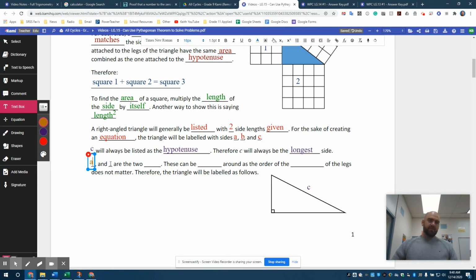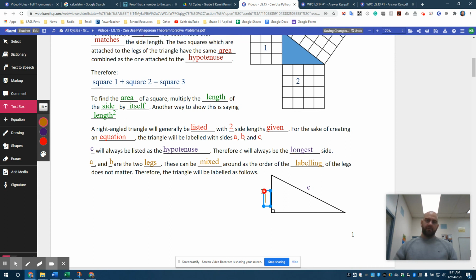And then our other ones, A and B, are going to be the 2 legs. Again, you've probably done this last year, so it should be fairly straightforward. These can be mixed. We could do A here and B there, as the order of the labeling of the legs does not matter.